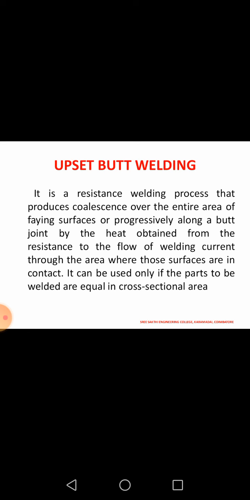Next one, offset butt welding. Offset butt welding is a form of resistance welding applied in this case to a relatively large weld joint area. Heat is obtained from resistance to electric current passing through the joint. Force is applied before heating and is maintained throughout the heating period.